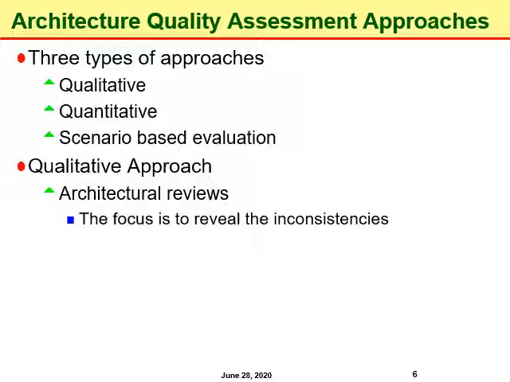In fact, the qualitative approach requires experts who are capable of assessing an architecture design even in the absence of any implementation, that is, even if the system has not been implemented yet, these experts are able to assess the design.